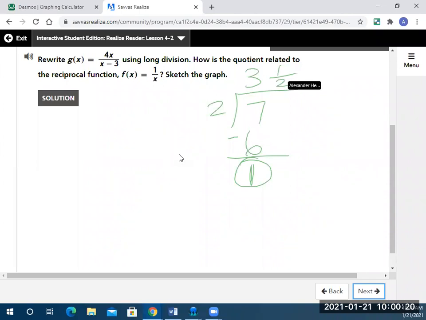And that's 3.5, right? Do you guys understand? If I put my remainder over what I'm dividing by, it gives me the same answer as if I did decimals, right? Because if I did decimals and continued, 2 goes into 10 5 times evenly, right? And I would have 3.5, but 3.5 is the same as 3 and 1/2, right? Everyone understands that? Okay. So keep that in mind when we're doing long division.